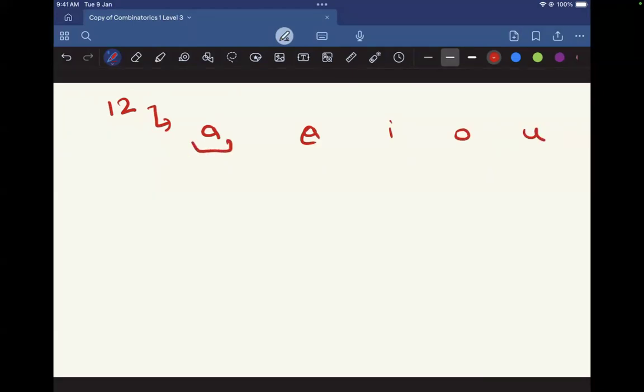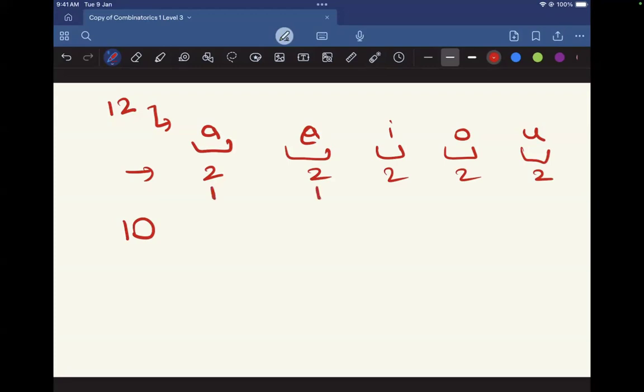So for A, let's say I had two frequencies. This I had two, this I had two, this I had two, and this I had two. How many characters did I use up? 10, right? How many am I left with? 2. Okay. So I can just put one here and I can put one here because I want them to be in different characters. Now this number right here, what is this?